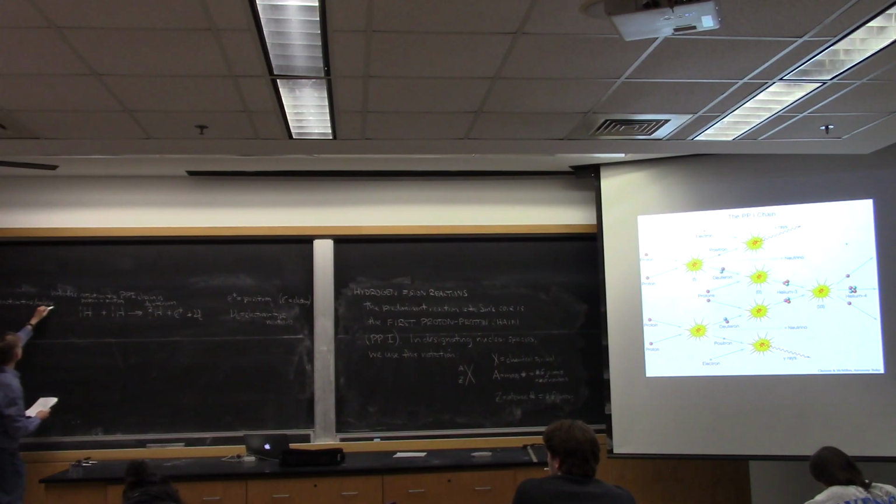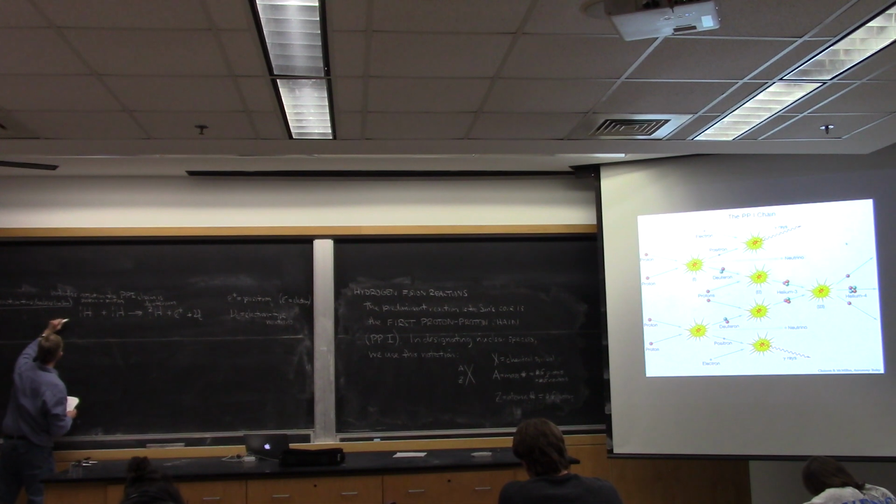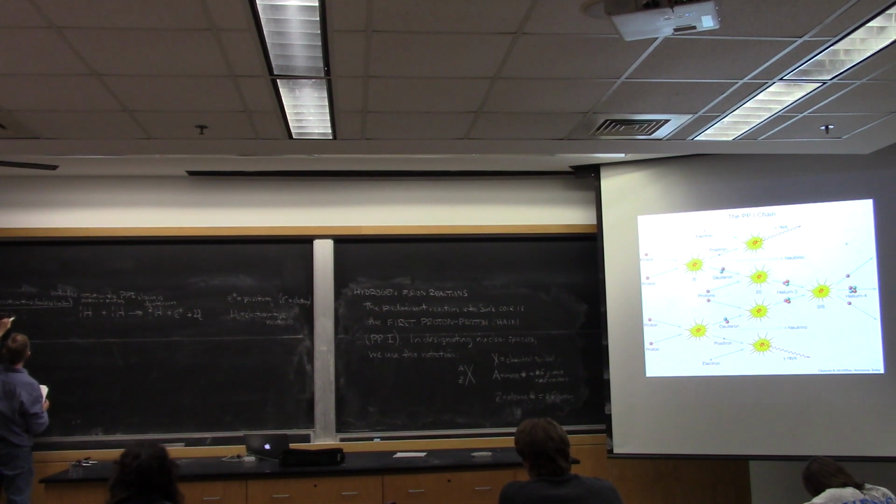And the answer is, on average in the sun's core, 7 billion years. Typically, it takes 7 billion years before any given proton in the sun's core, on average, combines with another proton to make a deuterium nucleus.